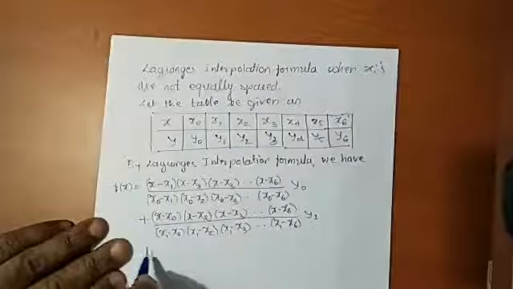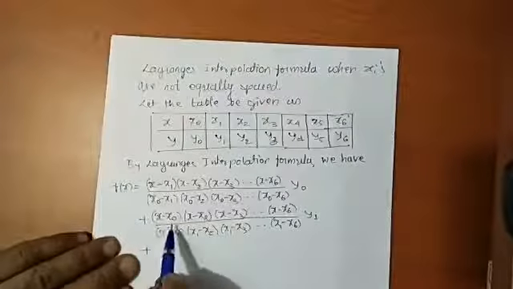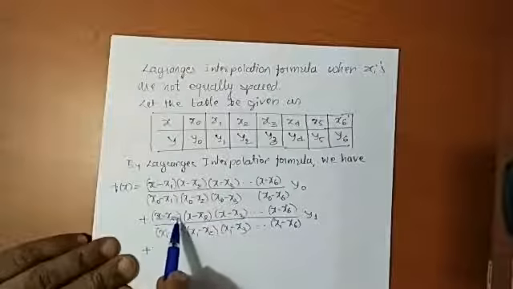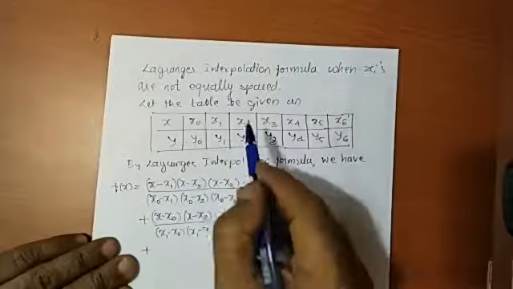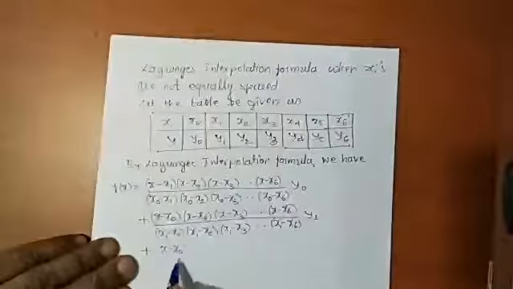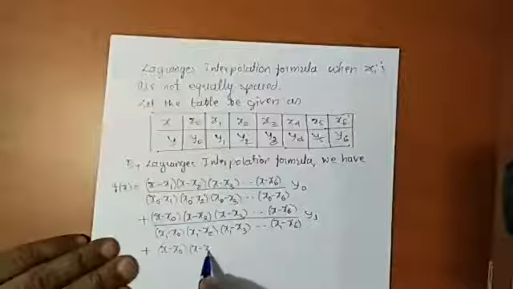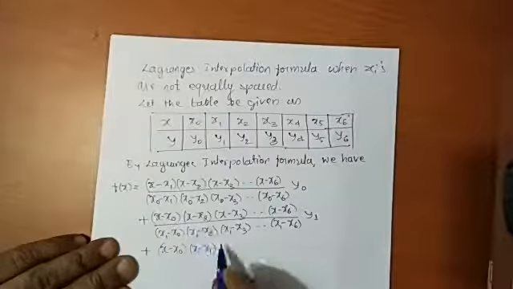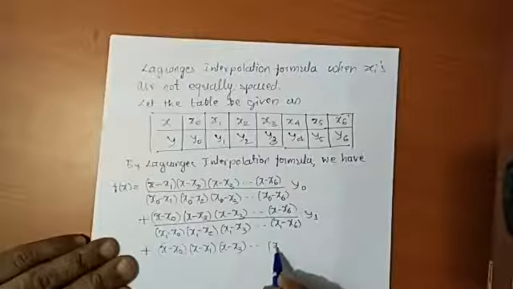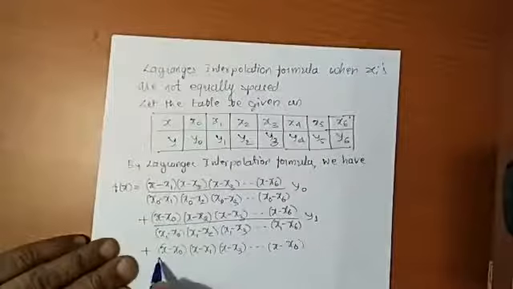So plus, in the third term, see, it is the product of all x minus xi's except x minus x2. So it is x minus x naught into x minus x1. The x minus x2 term is not there. It is x minus x3 now, and so on, x minus x6, divided by.